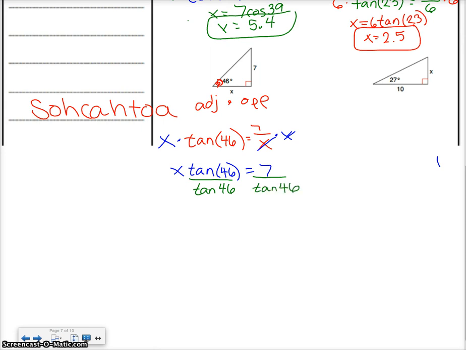Notice I'm kind of being random with parentheses. It doesn't matter if you put it there or not. So now I have 7 divided by tan 46, and that's equal to 6.8 rounded. x equals 6.8.